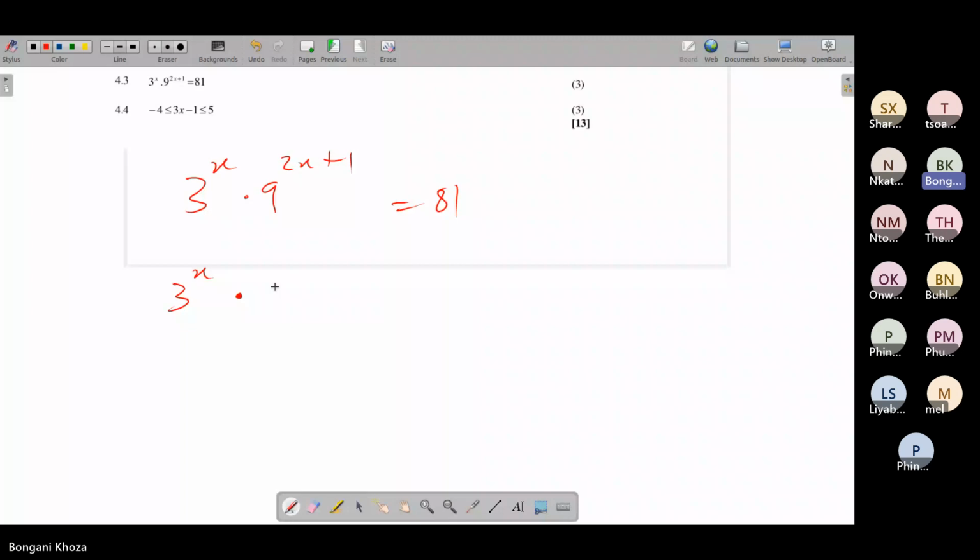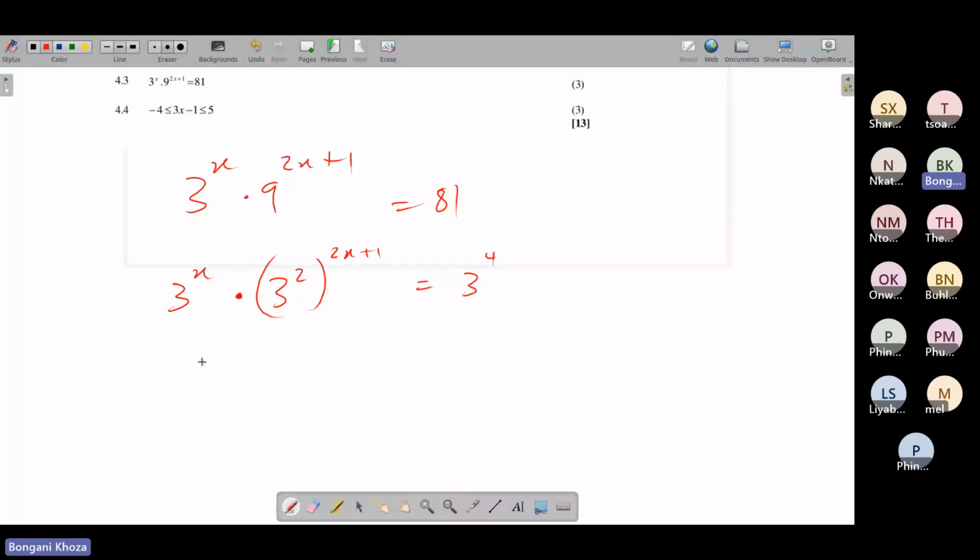What do we have for 9? 3 exponent 2, like that, and then 2x plus 1. For 81, what do we have? 3 exponent 4, like that.